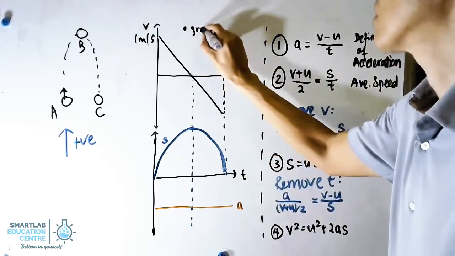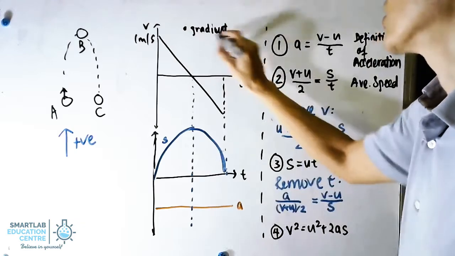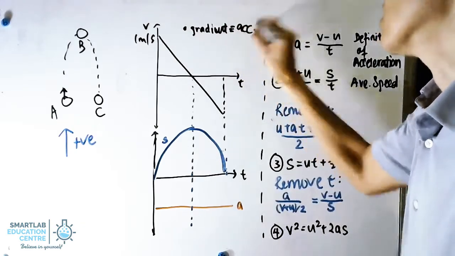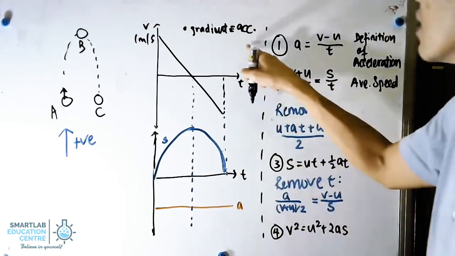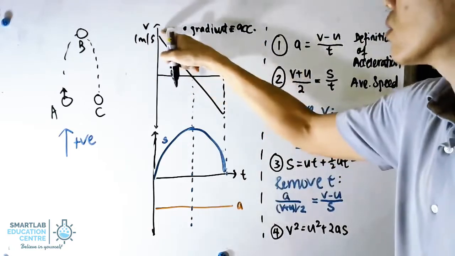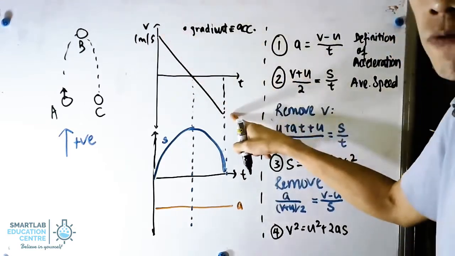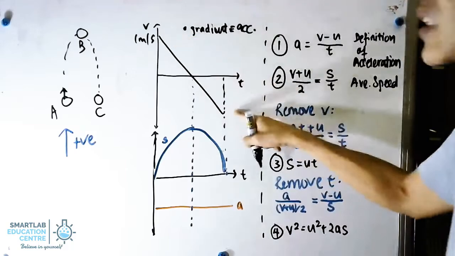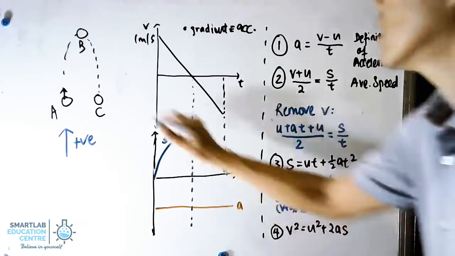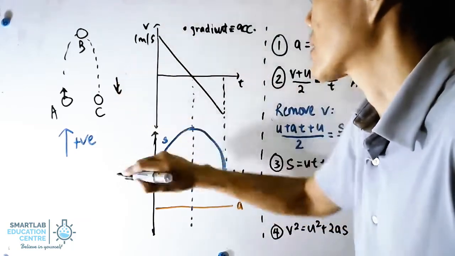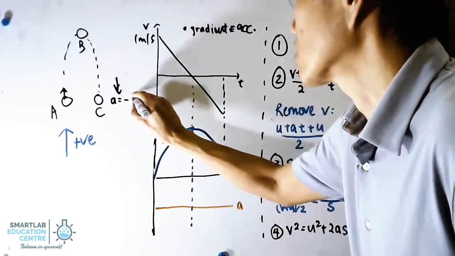So this is a quick recap. Gradient of VT graph is the acceleration. In this case, you will notice that the gradient will be negative, specifically negative 9.81, since the acceleration is equal to minus g.